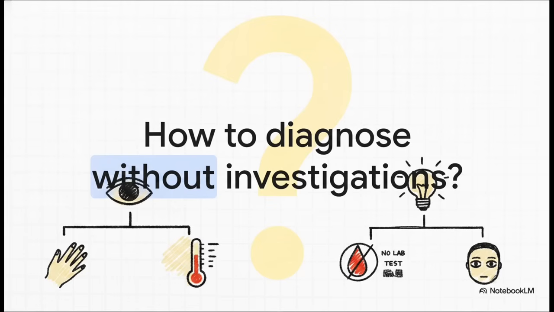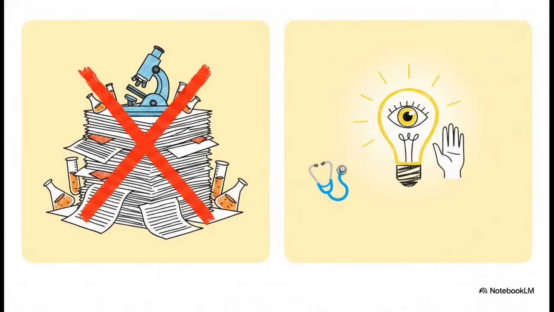We are talking about fundamentally shifting your mindset from being lab-reliant to observation-reliant. It's about establishing a mental map that guides you straight to a general diagnosis using just a few extremely key physical clues. To really appreciate this paradigm shift, we need to completely bypass that overwhelming mountain of investigation-based diagnoses. You know the exact approach I mean, the one that requires you to memorize dozens of lab values, complex blood panels, and microscopic morphologies.